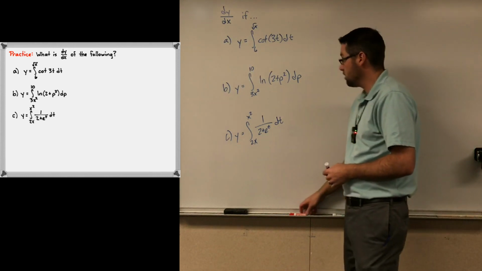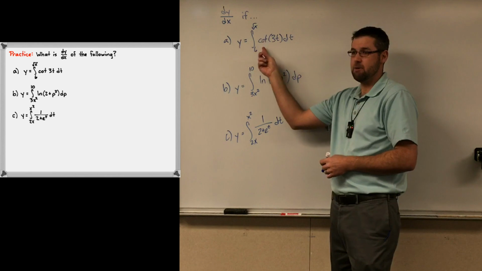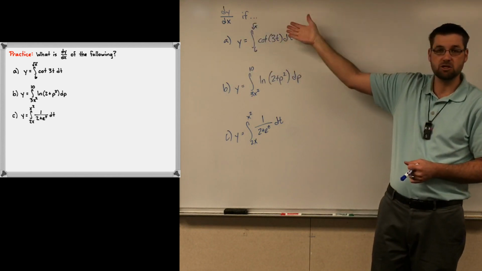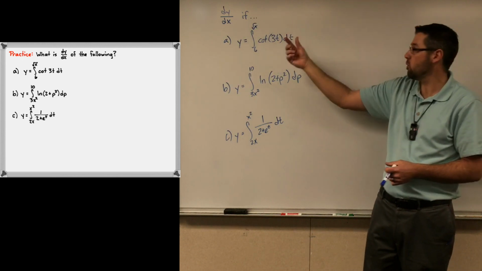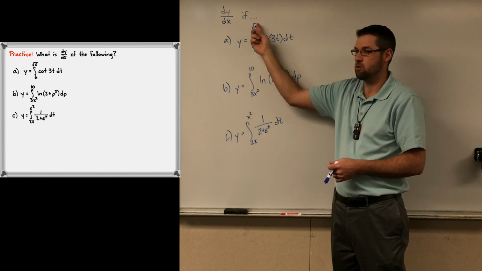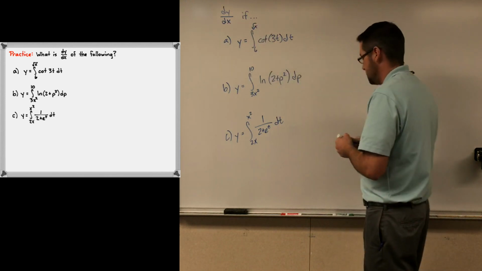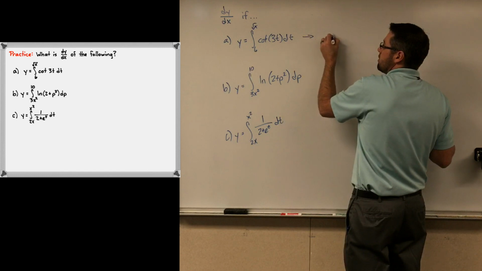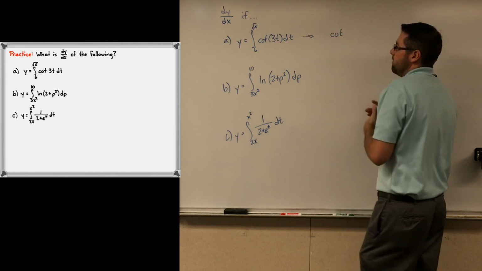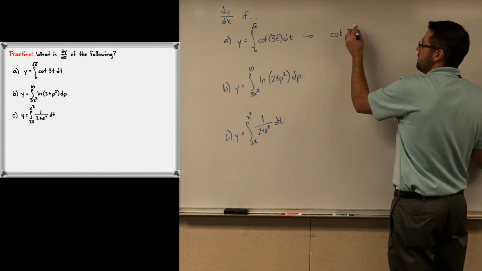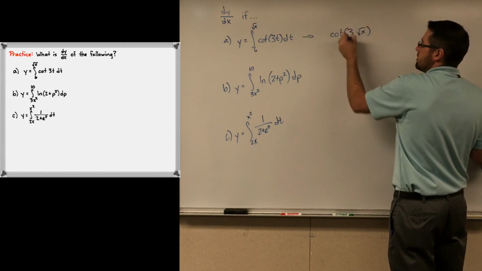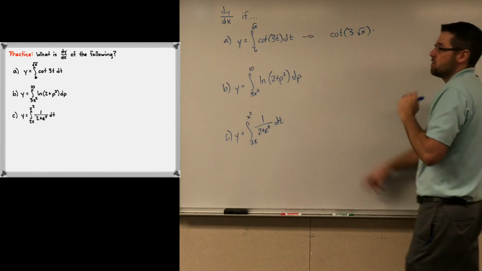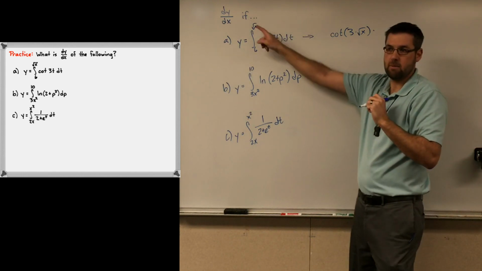Okay. What's the rule going to say? The bottom number is a constant. The upper number is, you could say, its own function, right? It's not just x. So what do I do when the upper thing is not just x? The derivative of that would imply cotangent of 3 rad x, and then times the derivative of this, right?